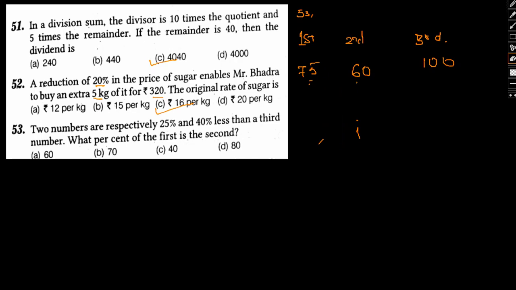For that, all we have to do is simply divide 60 by 75, which comes to 80%. So the answer is option D. Okay, so I hope this is clear. This is a very simple question.